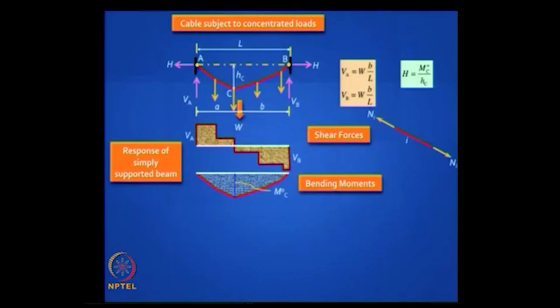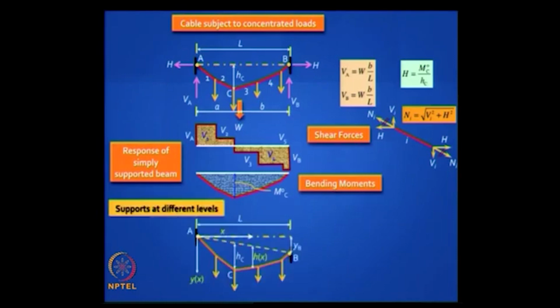Now if you cut a section anywhere, you will find that the horizontal component is constant, and sometimes it is referred to as a horizontal tension in a cable, and in an arch it is referred to as a horizontal thrust. So you will find that H is constant for all cables, for all segments, V is changing depending on the shear force, and the axial force is the resultant of H and V as shown there.